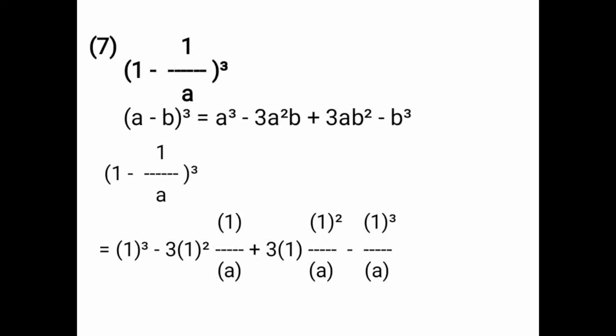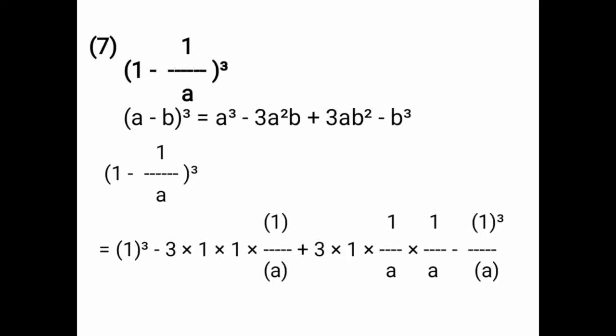For the next step you have to write multiplication form minus 3a square b plus 3ab square, that is equal to 1 cube minus 3 into 1 into 1 into 1 upon a plus 3 into 1 into 1 upon a into 1 upon a minus 1 upon a the whole cube. Now you have to solve all this.